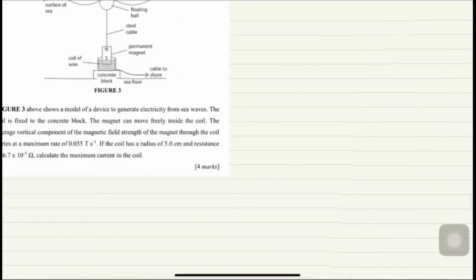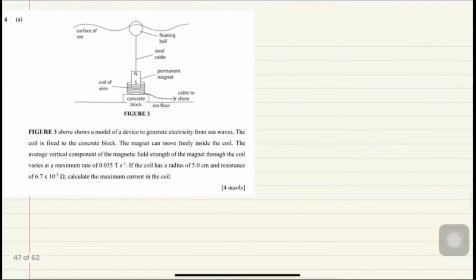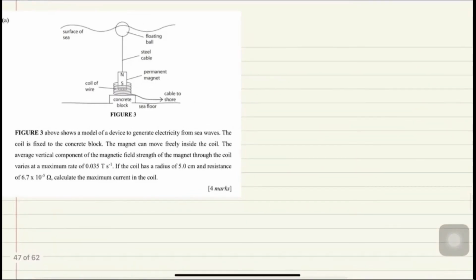Okay, this one, they give you a few information. They want to find the maximum current in the coil. So the idea is that if you can find the maximum induced EMF, then I can apply Ohm's law to find the induced current. So to do that, I have to take out the information first.